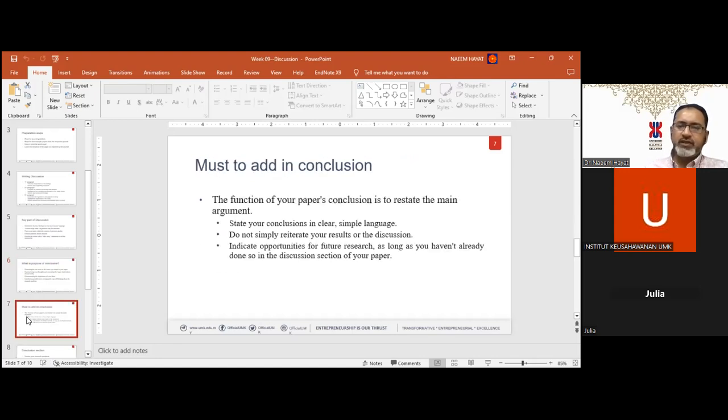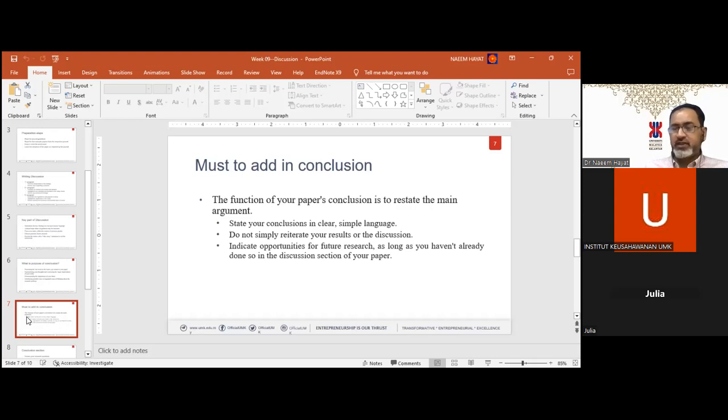So these are the things that we need to add in the conclusion section. The major purpose of our conclusion section is to restate the main argument, and state your conclusion in clear, simple language. Don't simply reiterate your result like what we did in the analysis and the discussion section.